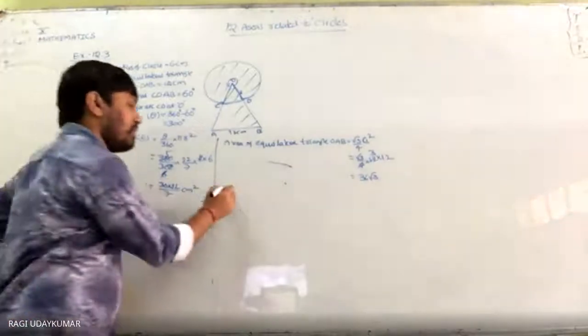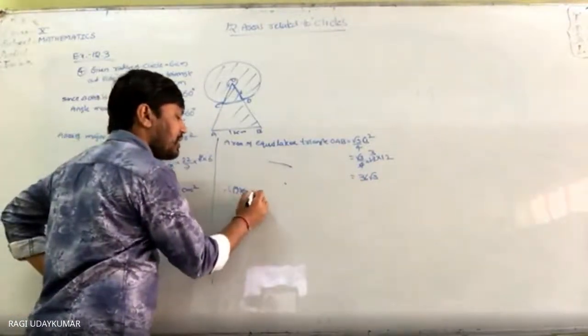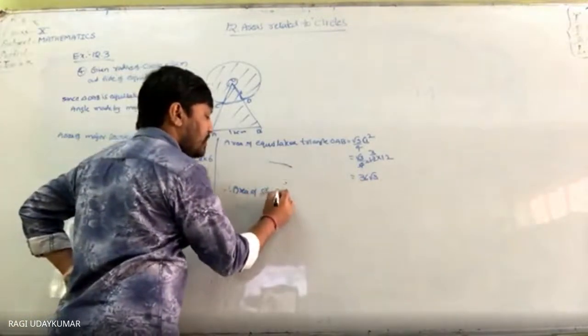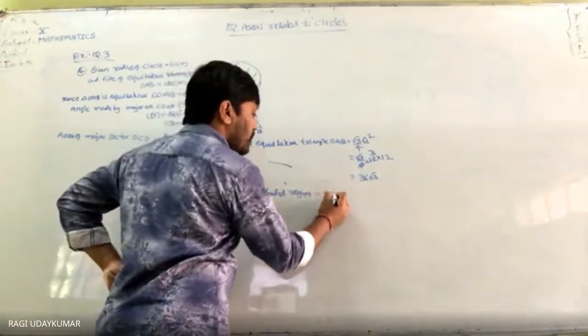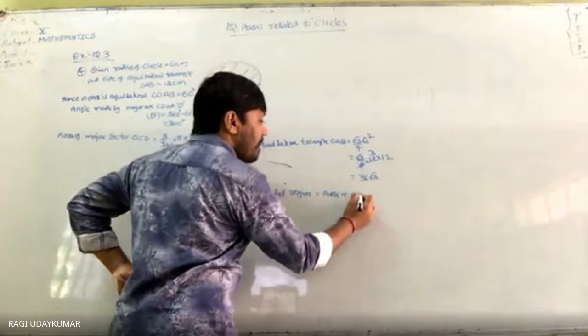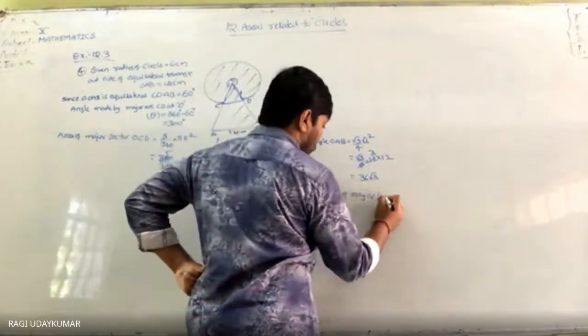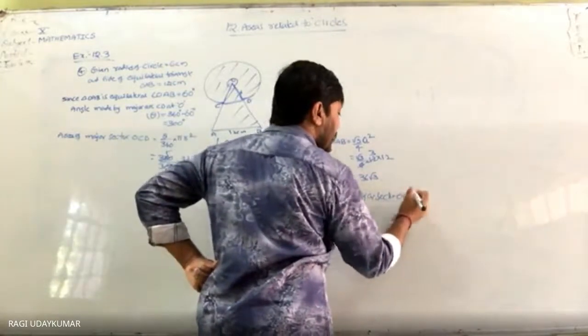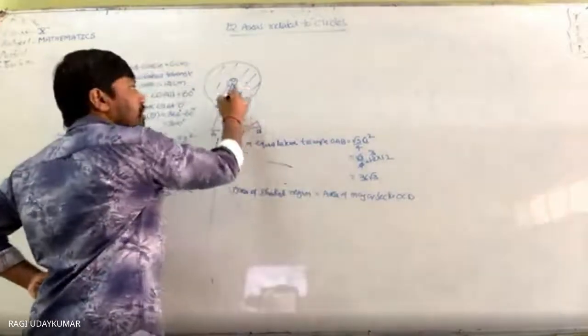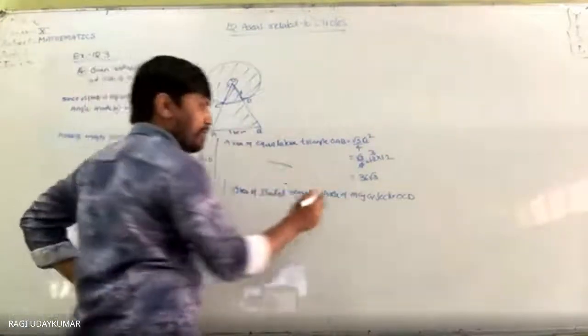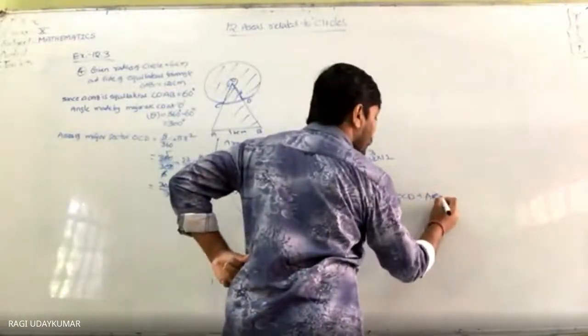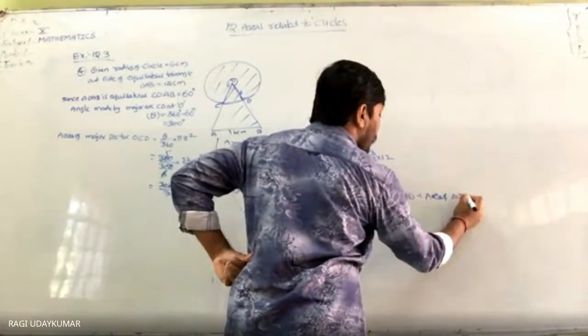Therefore, area of the shaded region is equal to area of the major sector OCD. OCD means a small sector would come, so you must mention the major sector, plus area of triangle OAB.